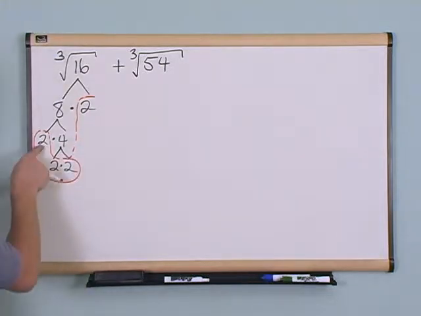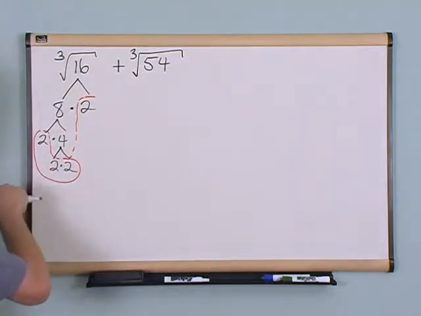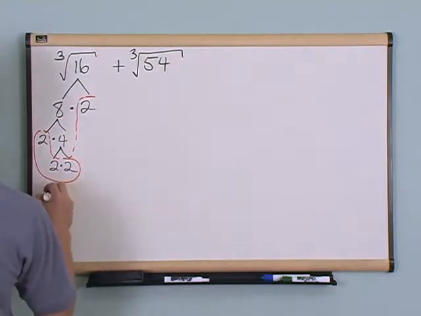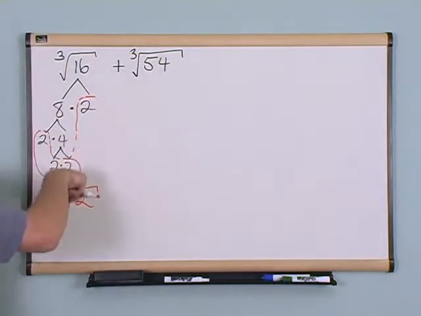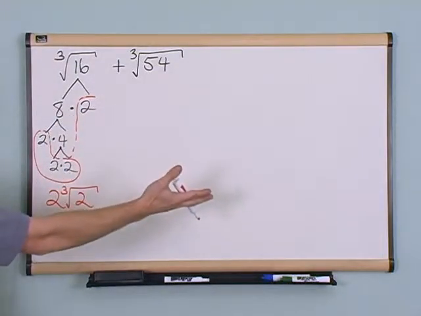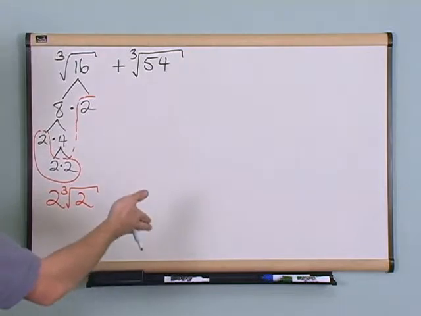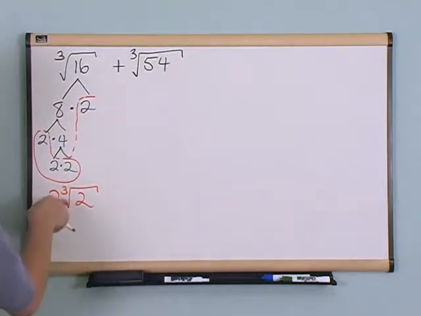So I take this 2, because I found a grouping of 3, I pull it out. So this is 2 times the cube root of 2. The 2 stays inside the radical because it's left over. It has no grouping of 3 associated with it. It's lonesome. But when you put the radical around it, you have to put a cube root symbol because that's what you started with. Other than that, it's exactly the same as before.